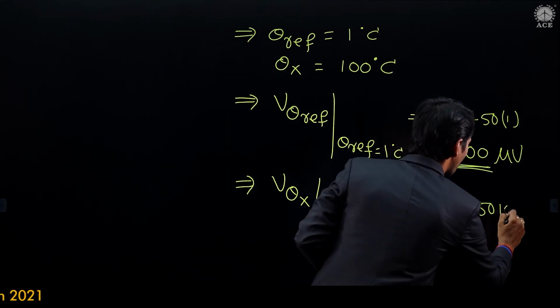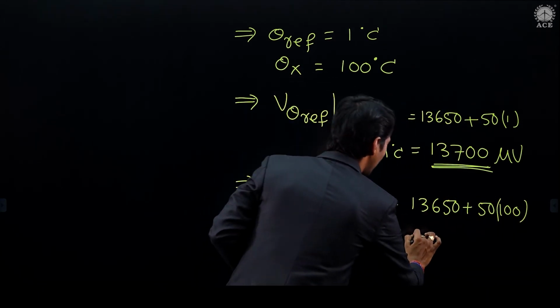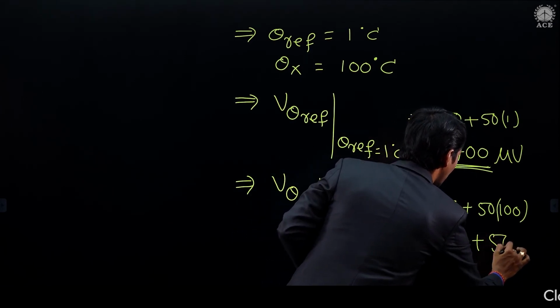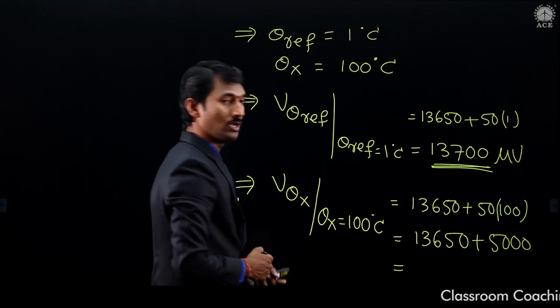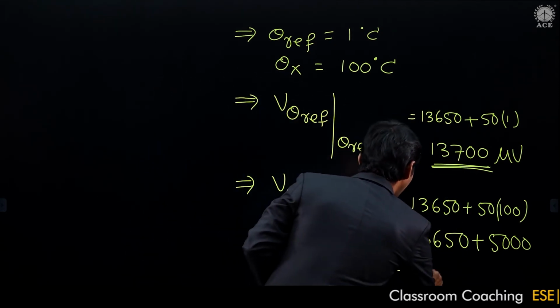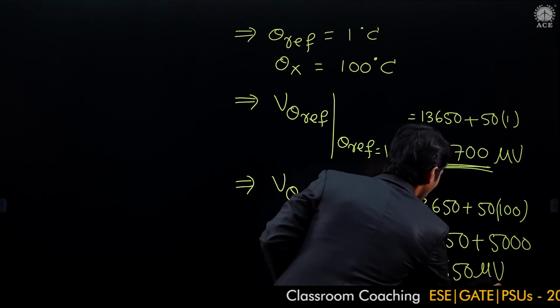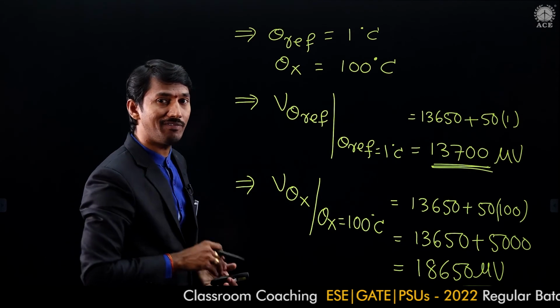So 13650 plus 5000. What will be the value now? 18650 microvolt. 18650 microvolt.